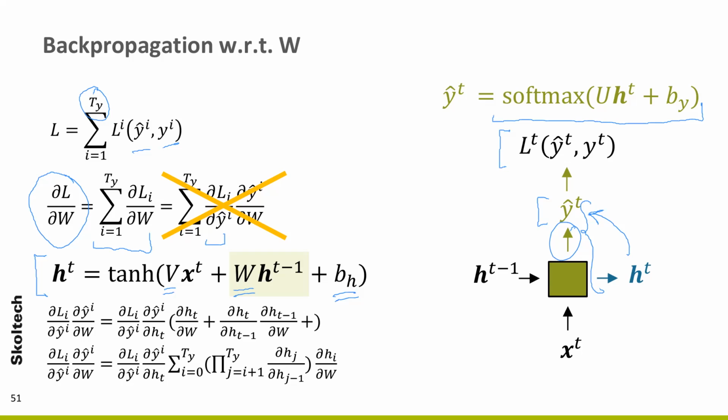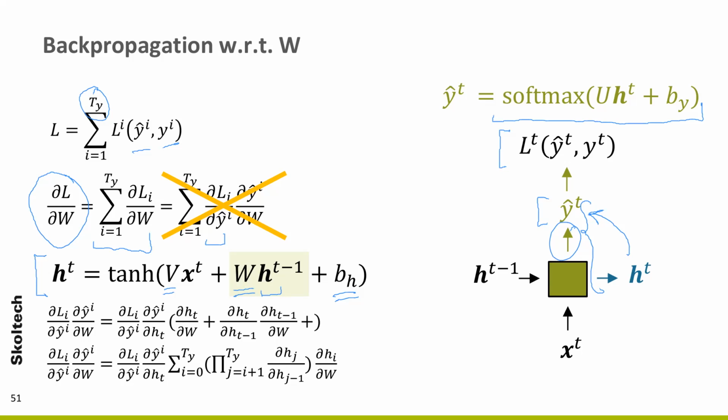Okay, we can say that we start with a simple formula, but this simple formula does not work here because we have a dependence on h here, and it's not that simple.